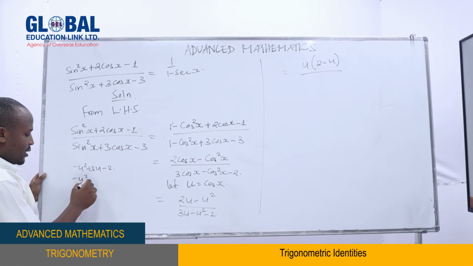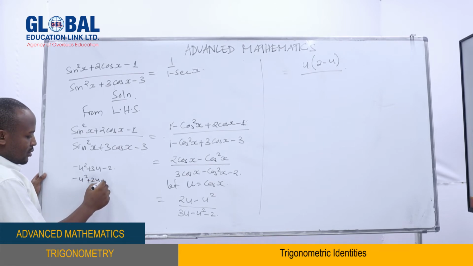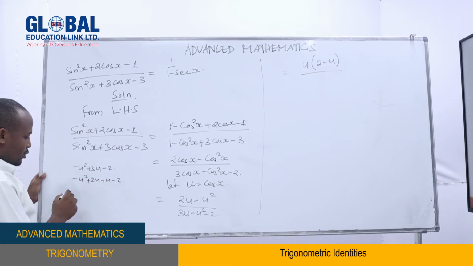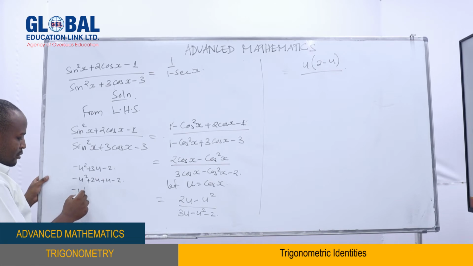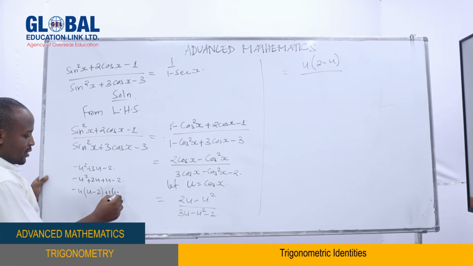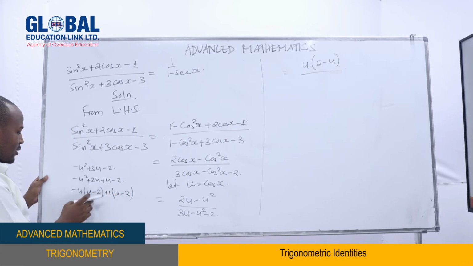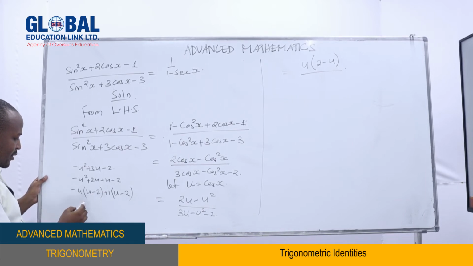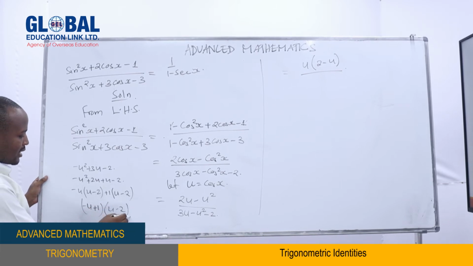So we have u square plus 2u plus u minus 2. So factoring out a negative u, what are we going to be left with? We're going to be left with u minus 2, and then factoring out the positive 1, that means we are left with u minus 2. Then finalizing that, we are going to be left with minus u plus 1, u minus 2.